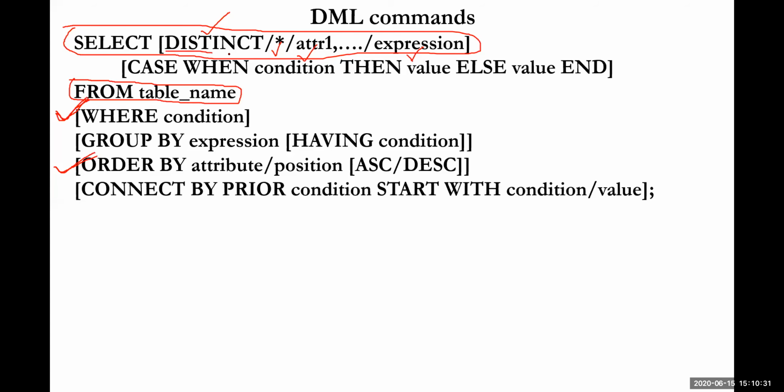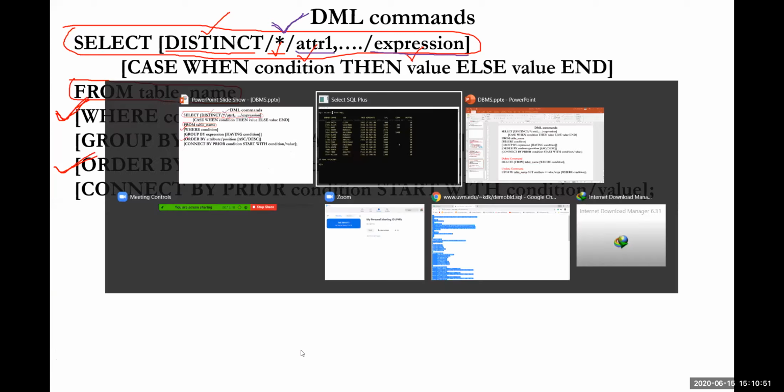You may take distinct, or star, or some number of attributes which are required by you, specific attributes, or you may operate expressions. I am taking this particular point at this moment. So here, what does it mean? It automatically gives you complete information related to that particular table.